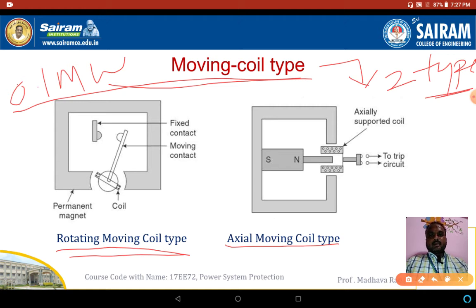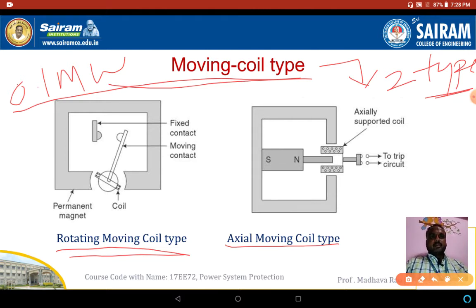The coil is wound around a cylindrical former which is supported horizontally. The coil has only axial movement. You can observe this in this figure. The relay has an inverse operating time-current characteristic. So the relay's specialty is its inverse time-current characteristic.